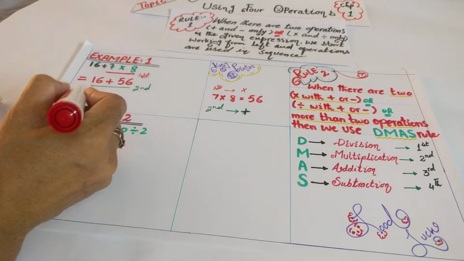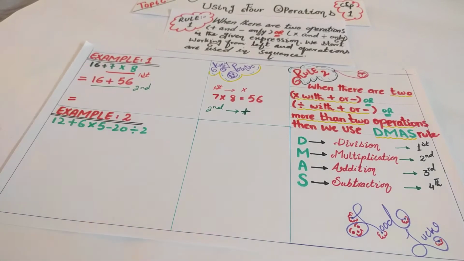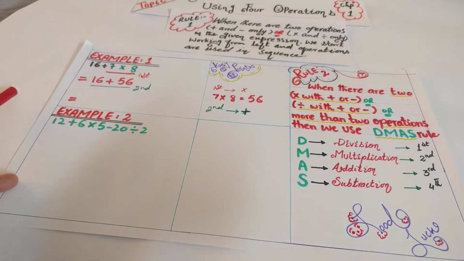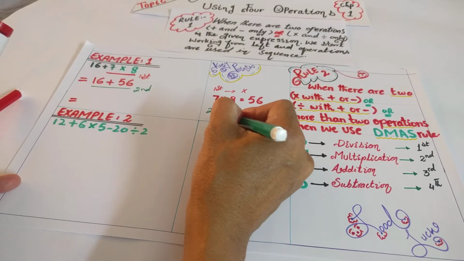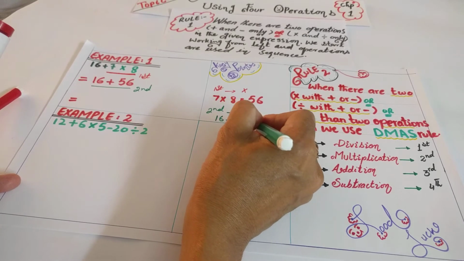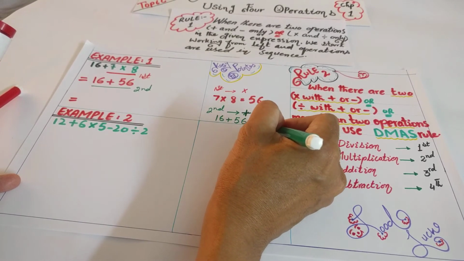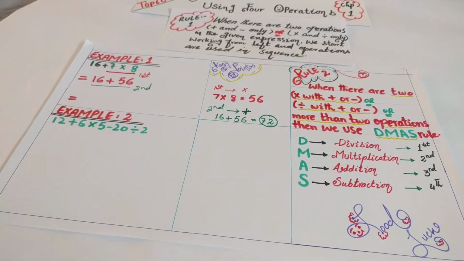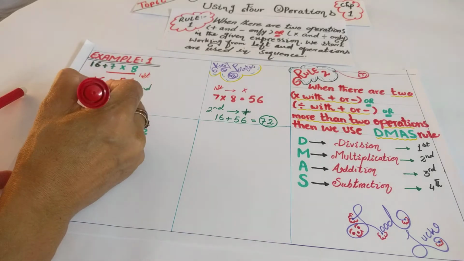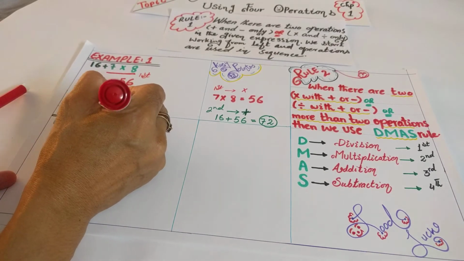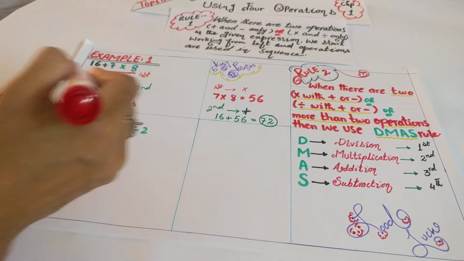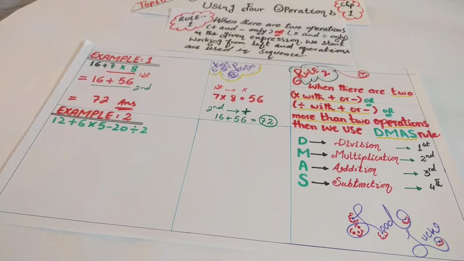Same method, we will use the equal sign. 16 plus 56, what is the answer? 16 plus 56 is equal to 72. So our answer is 72. Got it?